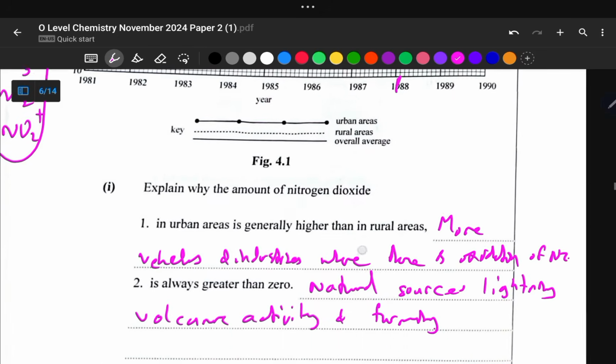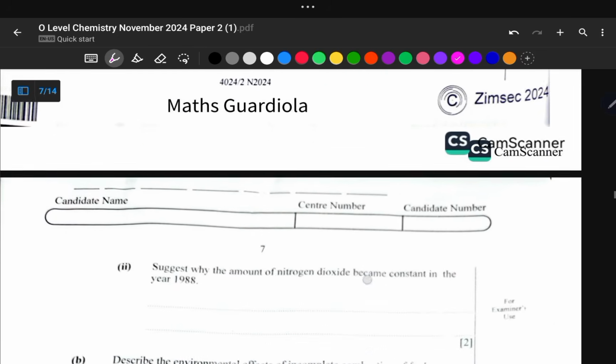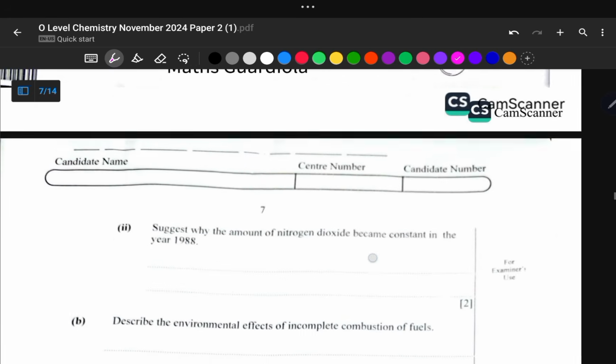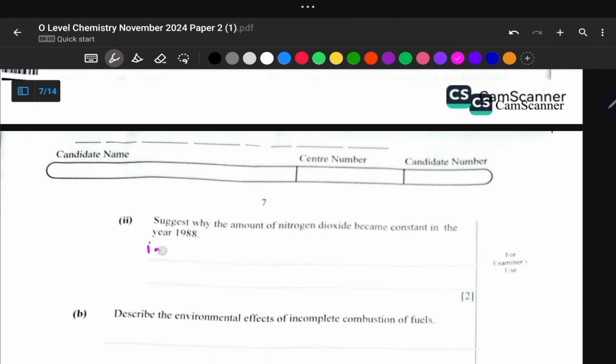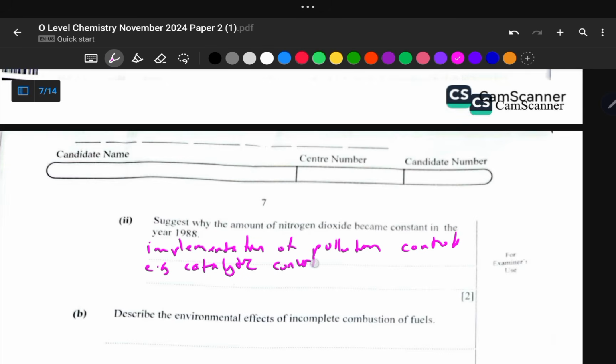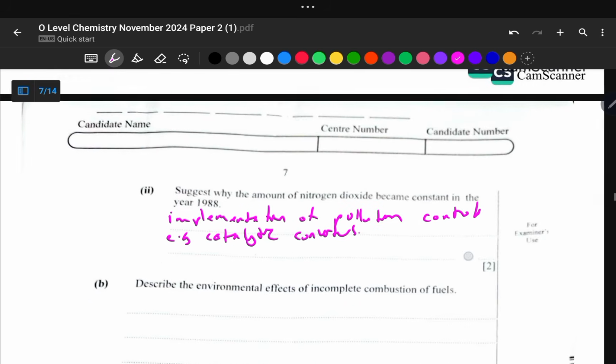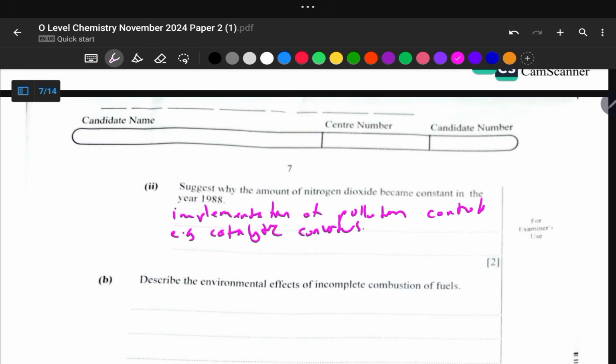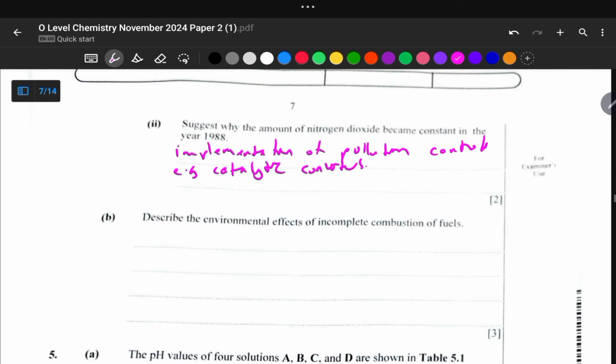It is due to the implementation or introduction of pollution controls like the catalytic converters in the cars, right? So I want to highlight to you how the catalytic converters work. So we want to first complete part B.